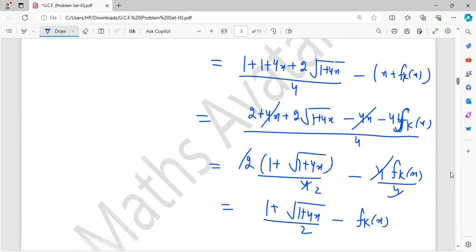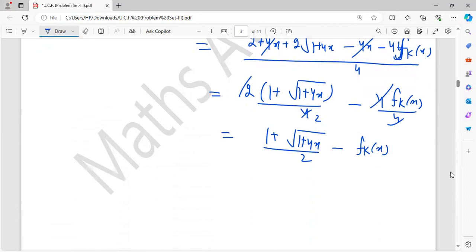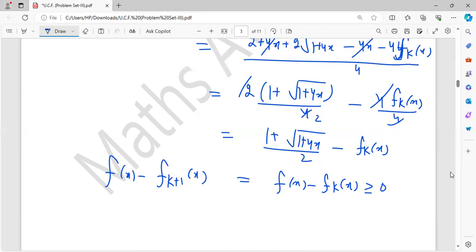So what is this? This is f(x) minus f_k(x), that is greater than 0. But what is this? f(x)... f_(k+1) is equal to this. Okay, it means f_(k+1)(x) is less than f(x).